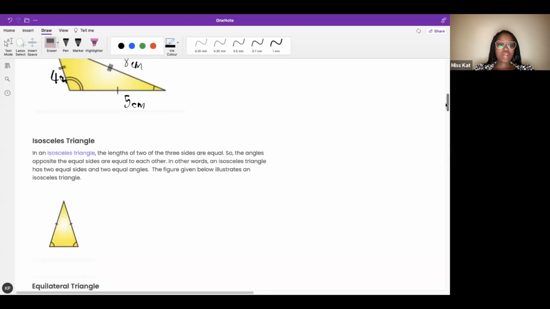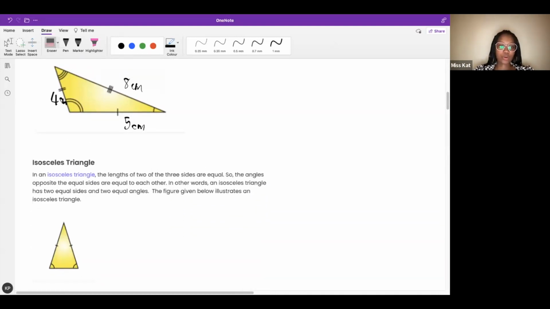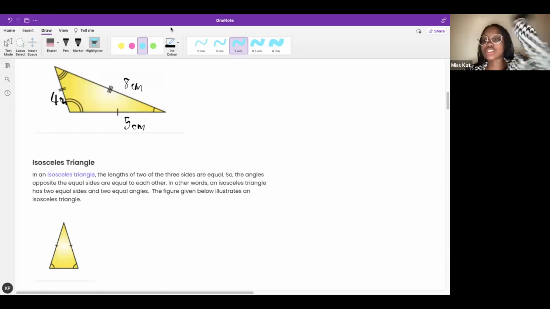Now we have an isosceles triangle. In an isosceles triangle, I have to provide another sheet with reasons for you, because you guys mess up the reasons of an isosceles triangle when you use it in a calculation. Everyone's like, isosceles triangle. Boom. Incorrect.